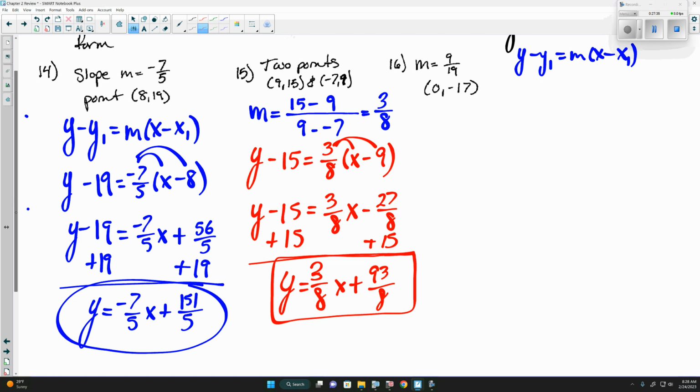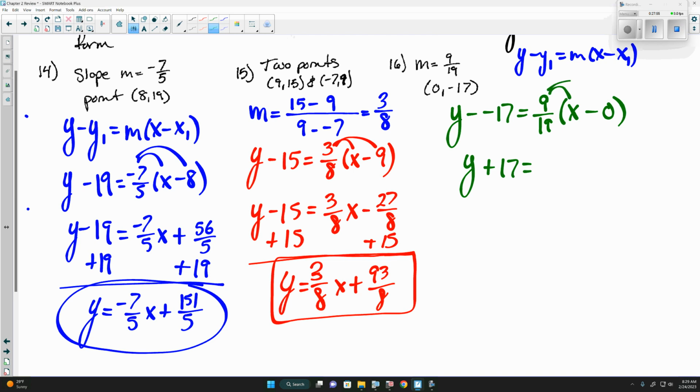Are you good with this here so far? Let's look at the last one. They gave us the slope and a point, so we can use point slope form. y minus y1 is equal to the slope times x minus x1. Here, the negative and negative makes a plus. We distribute the 9/19, which will give us 9/19 x.